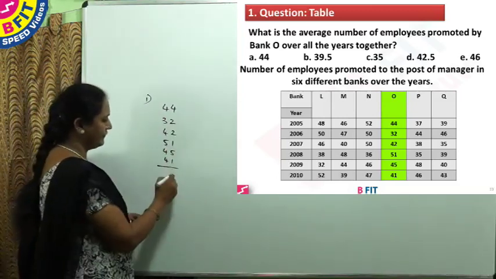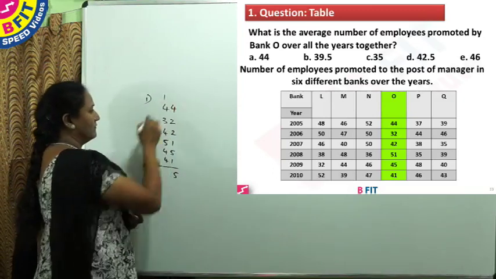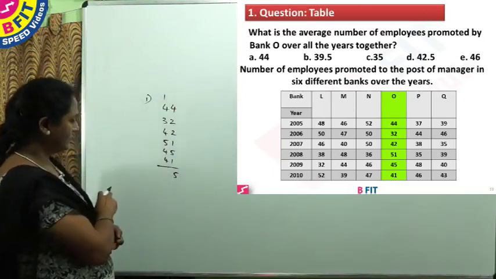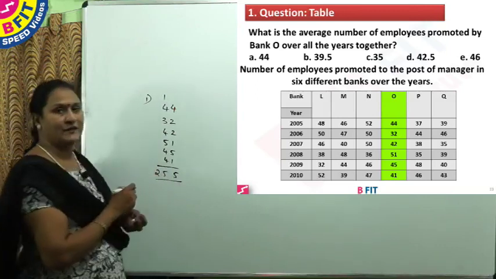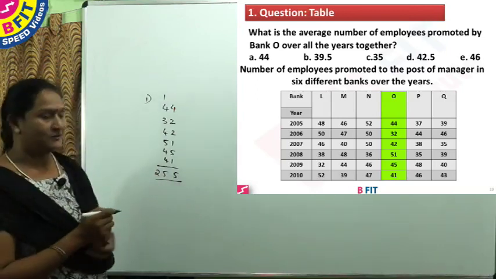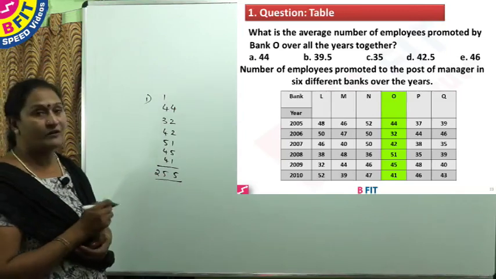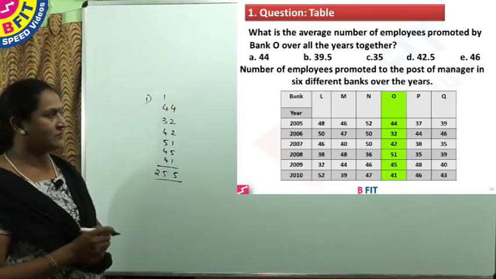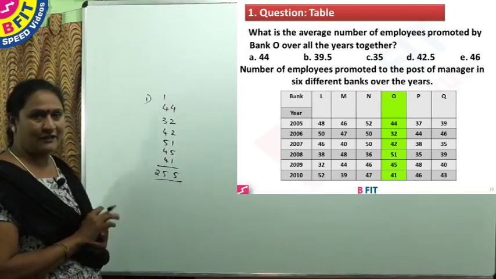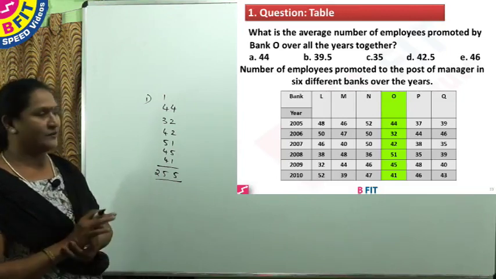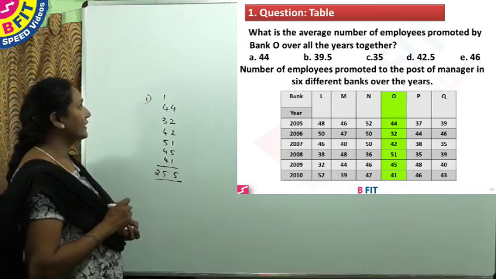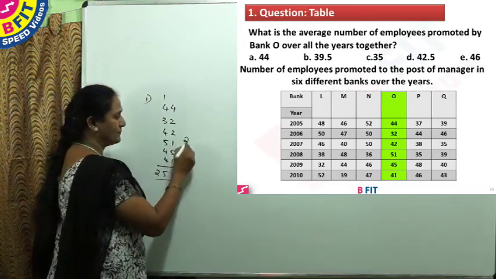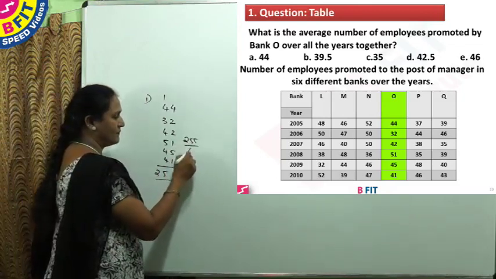Adding all, 5, 10, 15, so it is 255. What is the sum you got? It is 255. Now we are asked to find the average. For average, add all the data and divide by the number of terms. Here we have 6 years' data, so divide this 255 by 6.